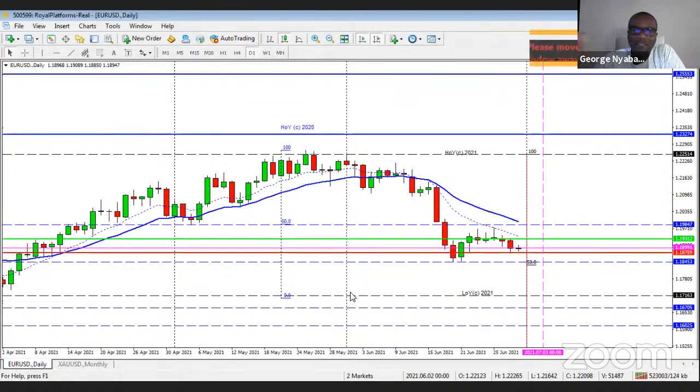Remember, price patterns are fractal, so what you see on any time frame will repeat itself on lower or higher time frames. It's the same thought pattern, but we're looking at the daily time frame because I want to point out something which will help you when you trade on the lower time frames.